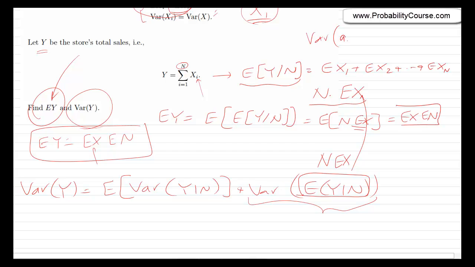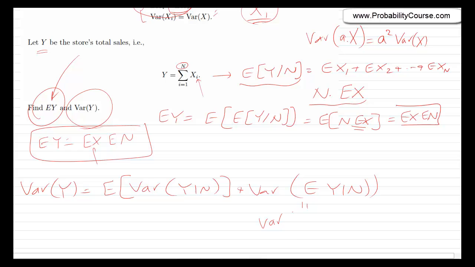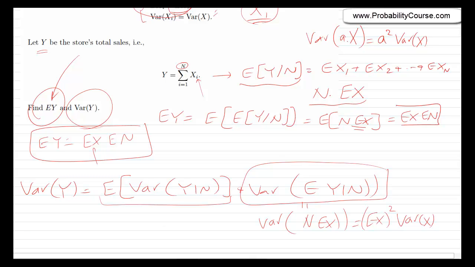Remember that the variance of aX, where a is a constant, is just a squared times the variance of X. So let me write it in a cleaner format. This is equal to the variance of N times E of X, which is E of X squared times the variance of N. So this term, we know what it is. So we need to find the other term.